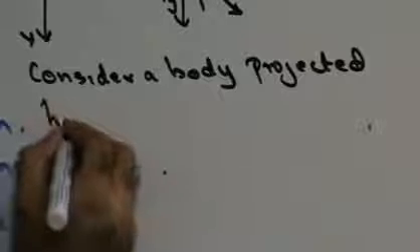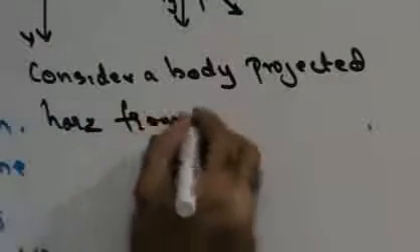This is your y-axis. Consider a body projected horizontally from point O with velocity v.